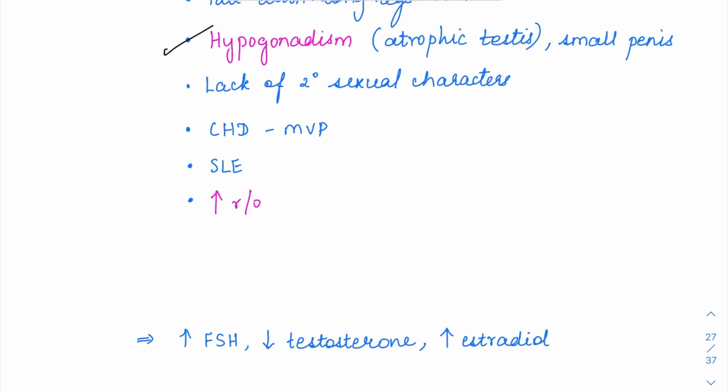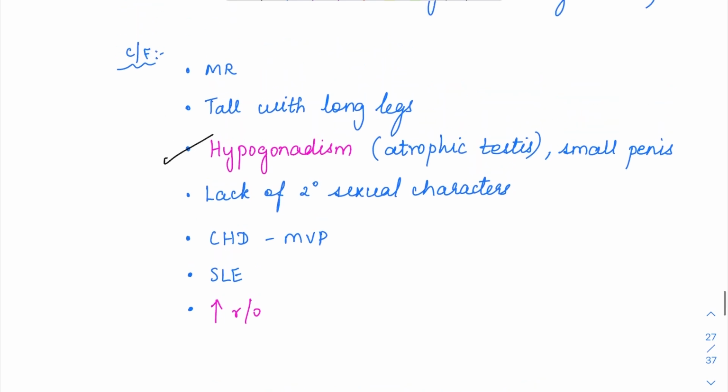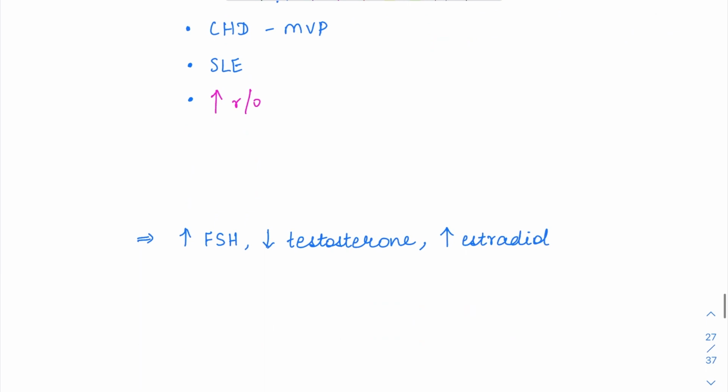Congenital heart disease, usually mitral valve prolapse, like in Marfanoid again. Marfan syndrome also has mitral valve prolapse with a Marfanoid tall habitus, but they'll have arachnodactyly along with hyperflexible joints. But here in Klinefelter's, you are going to have mental retardation with hypogonadism, that is small atrophic testis and penis, with lack of secondary sexual characters.